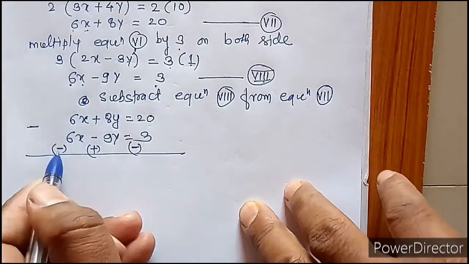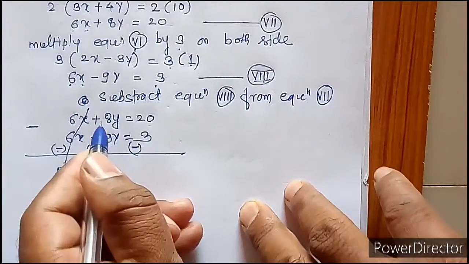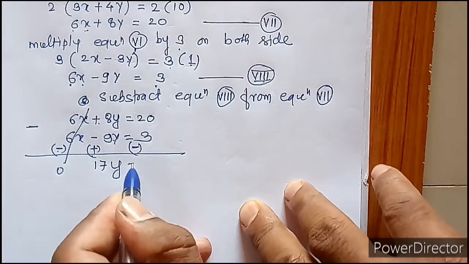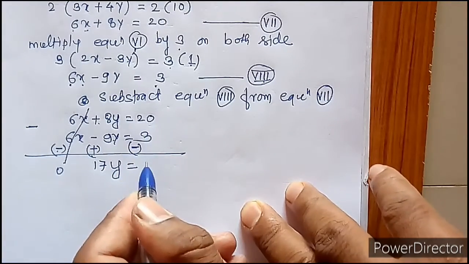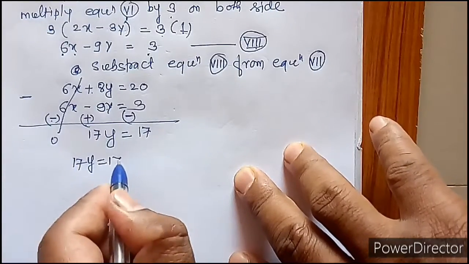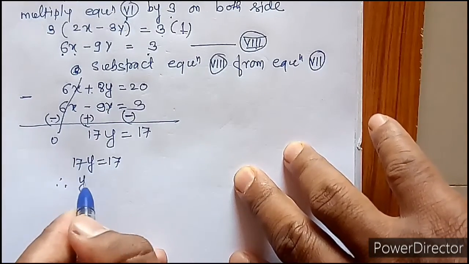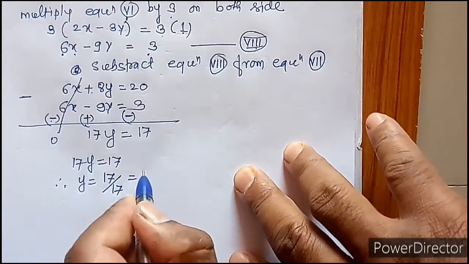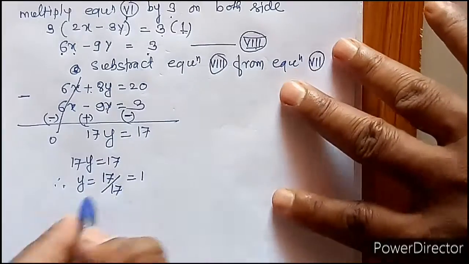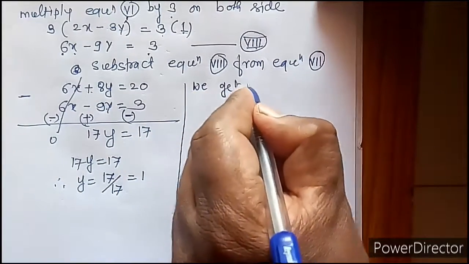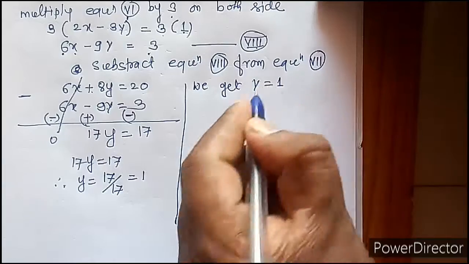Now 6x minus 6x cancels, 8y plus 9y is 17y, equals 20 minus 3, that is 17. We get 17y equals 17. Therefore y equals 17/17 equals 1. Here we get y equals 1.